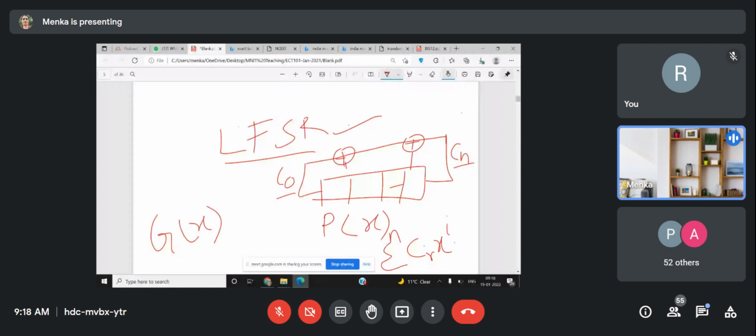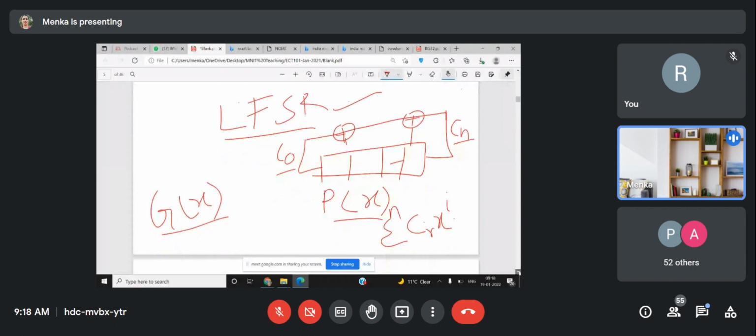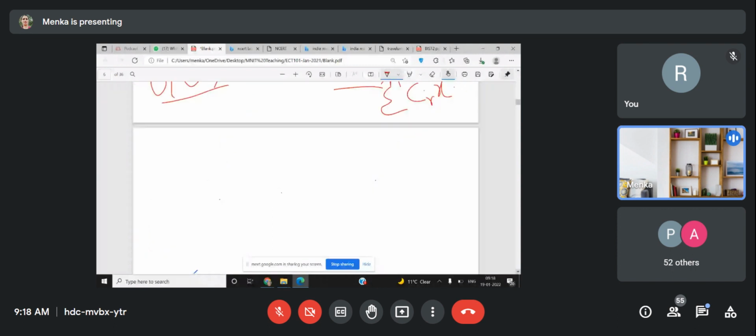Okay. So this was your Gx, this was your Px. The standard way of calculating the signature is like this. You just do Gx divided by Px mathematically. Whatever you get, that is your Qx. That's the quotient that will appear at the output.